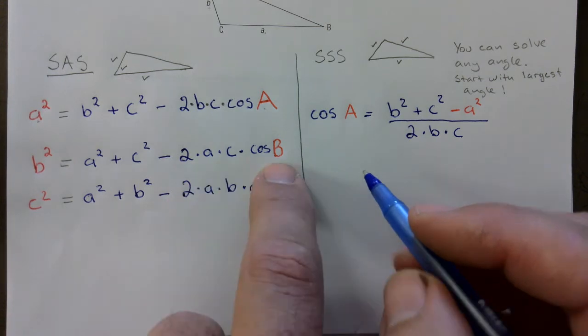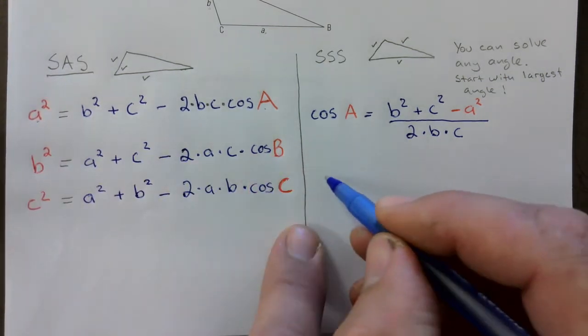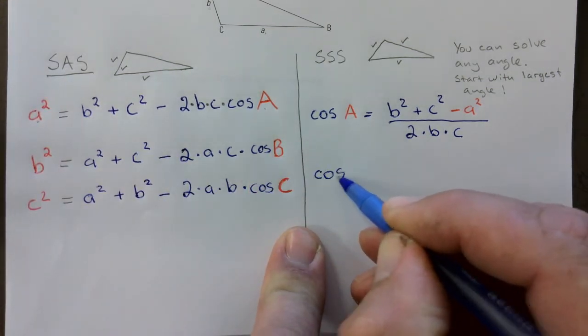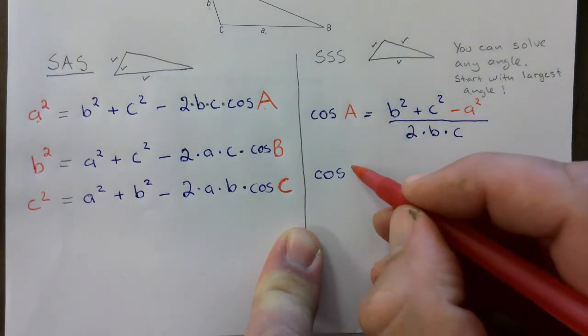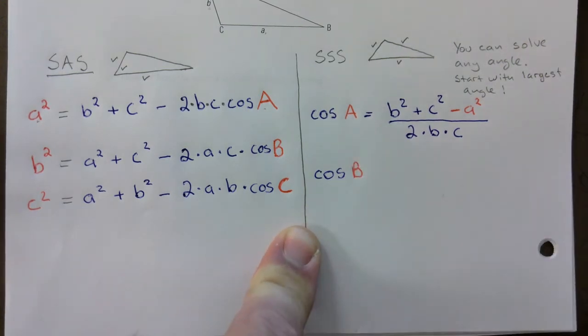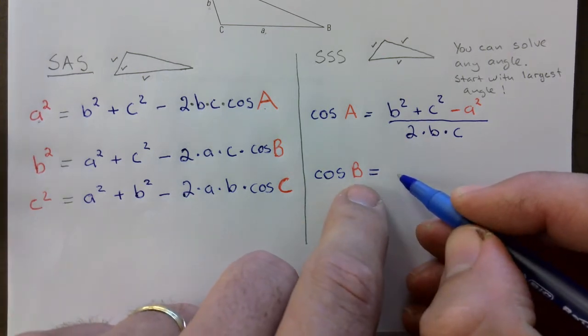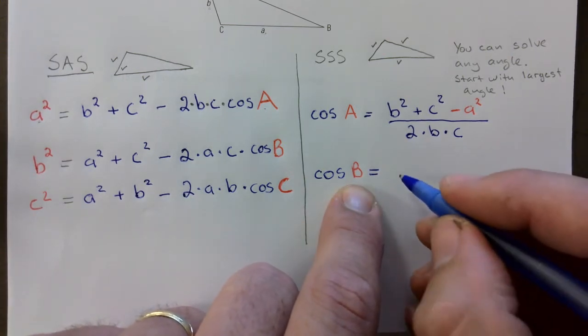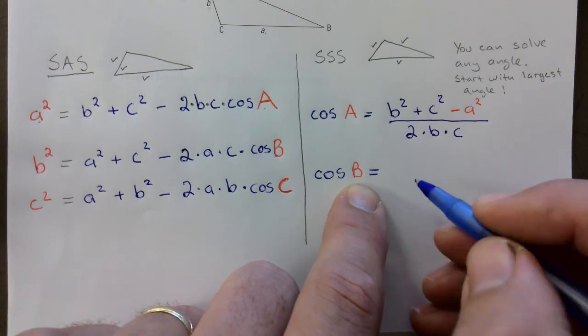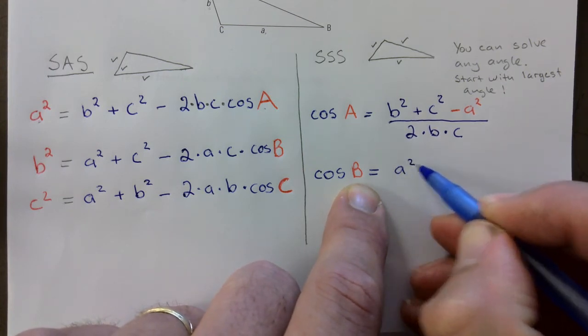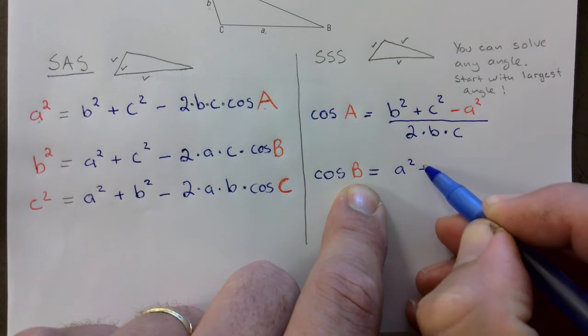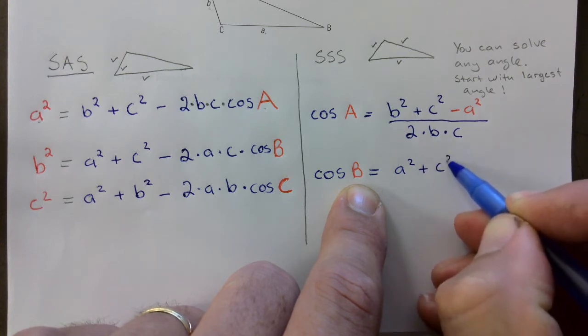The next version, if you wanted to solve for angle B, you would start with cosine of that angle, which is equal to, now that you're solving for B, a squared plus c squared.